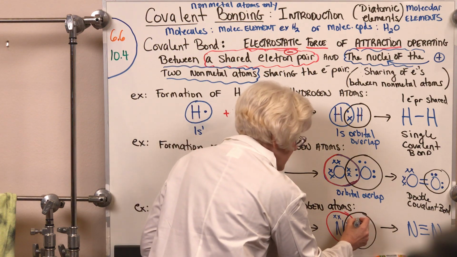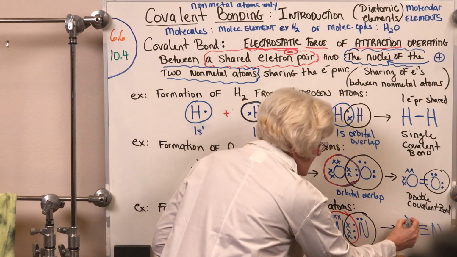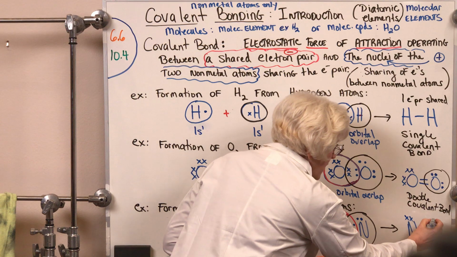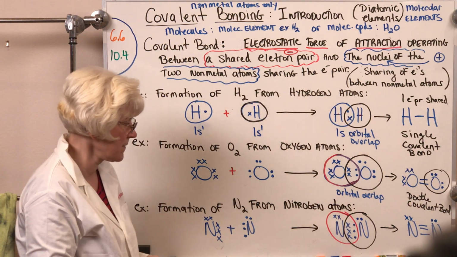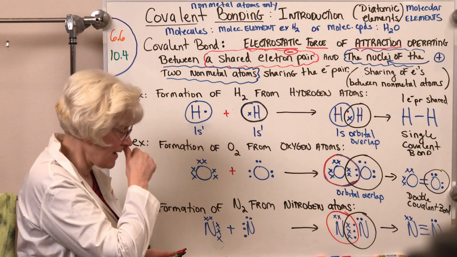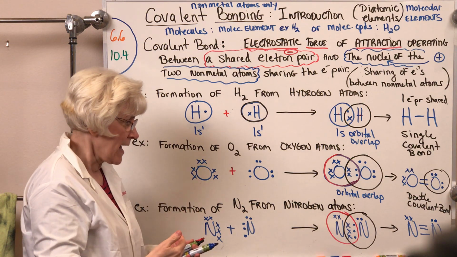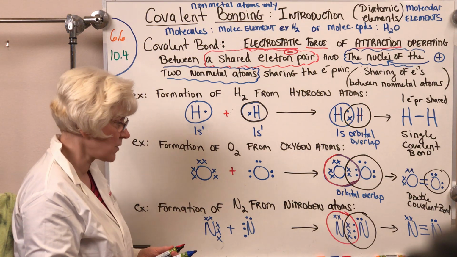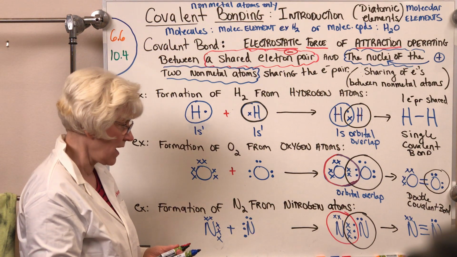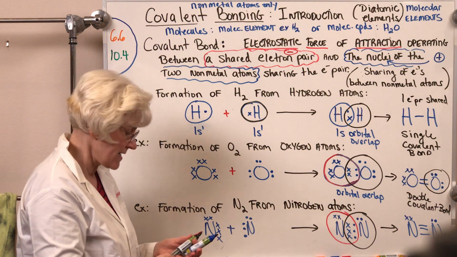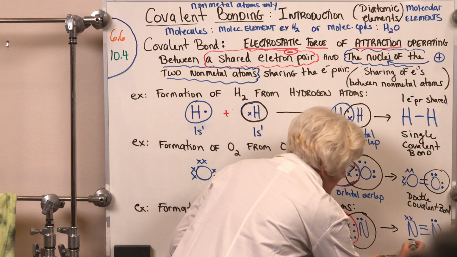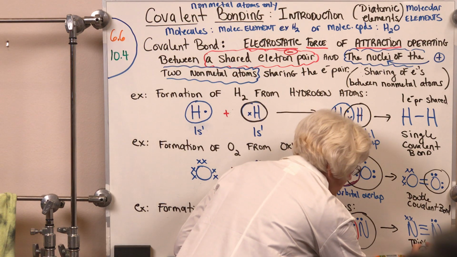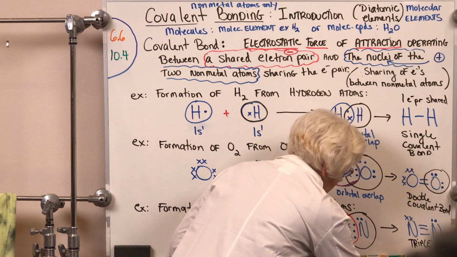Each nitrogen has its lone electron pair, 1 lone electron pair. So we have a total of 8 valence electrons around each of the nitrogens, and we are looking at a triple covalent bond.